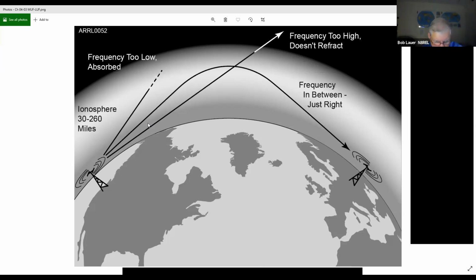Okay, we talked about tropospheric already. Oh, you know what? Let's stop here and let us pick up.